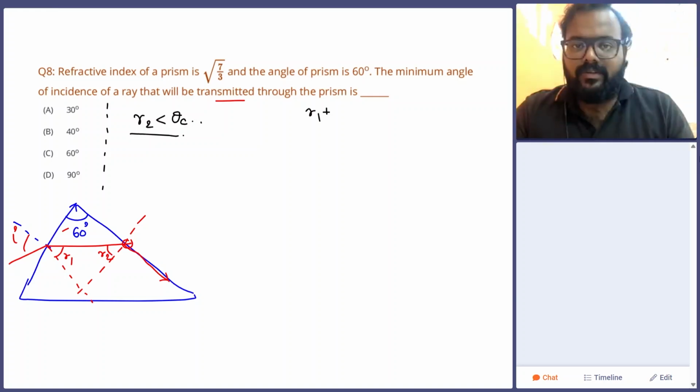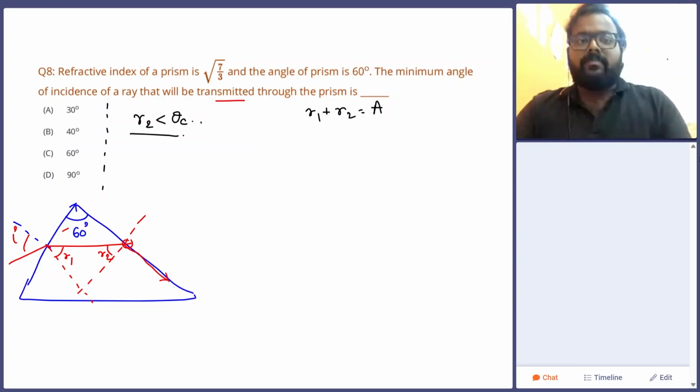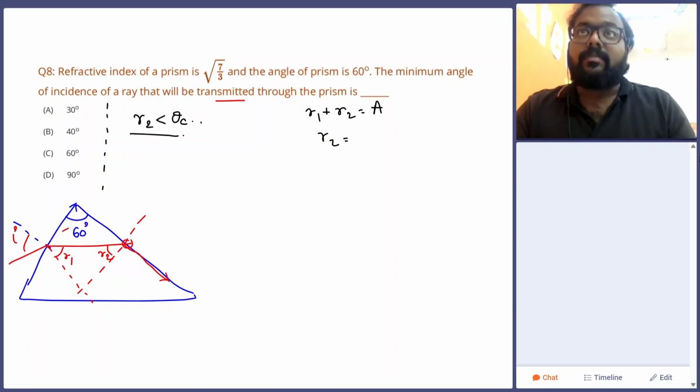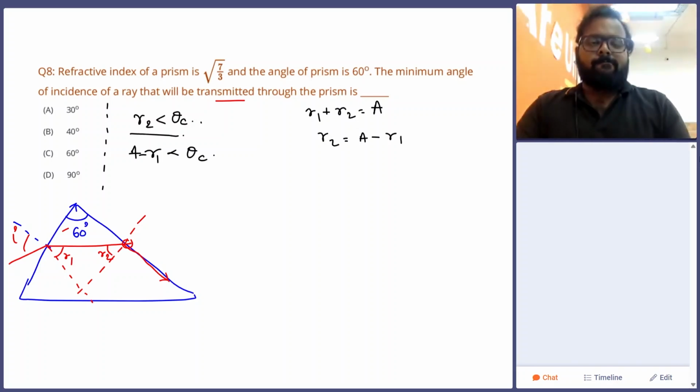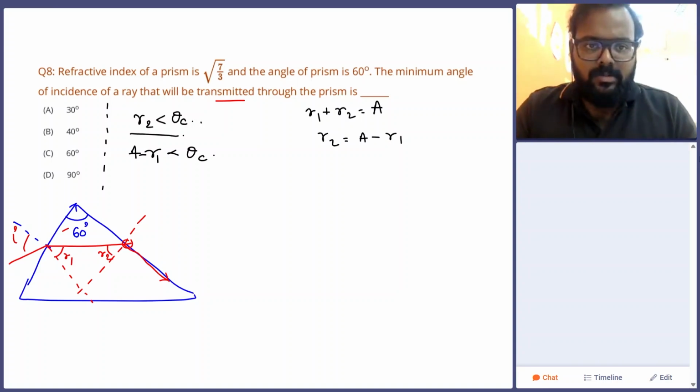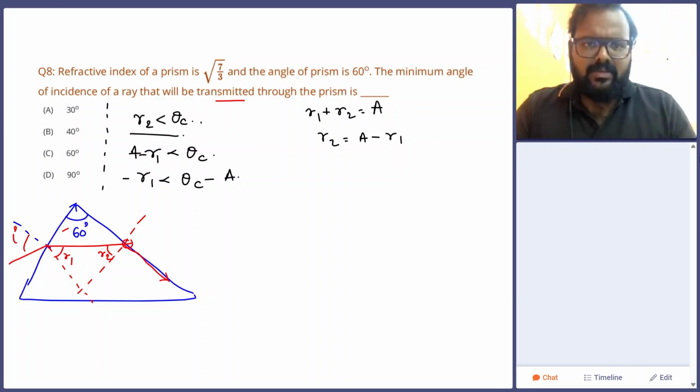And we know very well that R1 plus R2 must be equal to A. So R2 is A minus R1. A minus R1 must be less than the critical angle. So minus R1 is less than theta C minus A. So R1 must be greater than A minus theta C.